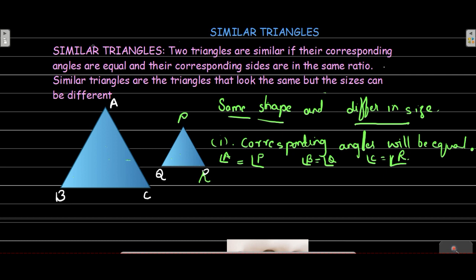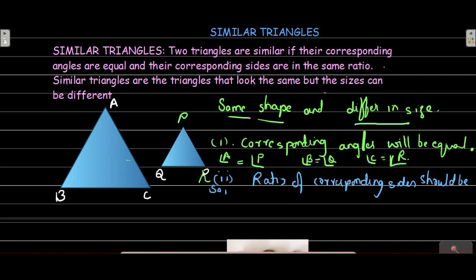The second criterion is that the ratio of corresponding sides should be the same. What do I mean by that?